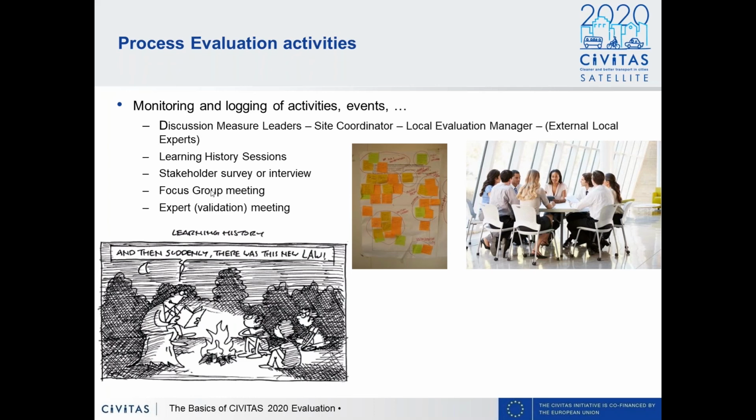We can also organize focus group meetings, where we go into detail on some aspects of what we see at the end of the implementation. And maybe in some cases also a kind of expert validation meeting, where we bring together some experts, local experts or more general experts, who discuss what we see as a result of the measure, and in which we try to understand what the important elements are.